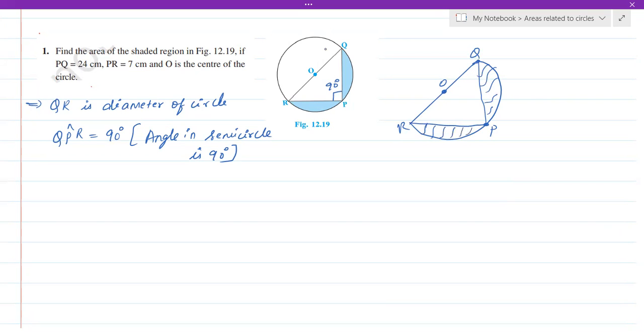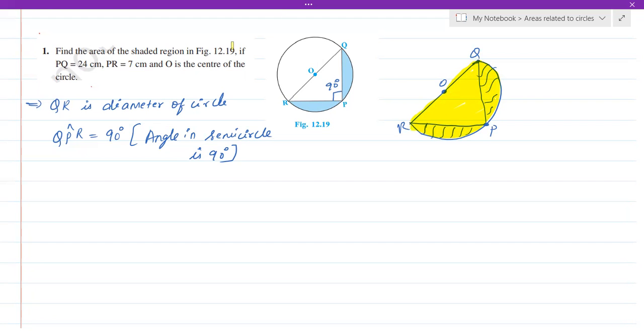Now what we'll do is, we'll find the area of the semicircle. When I say area of the semicircle, we get this entire thing that I'm shading now, the region inside the semicircle.